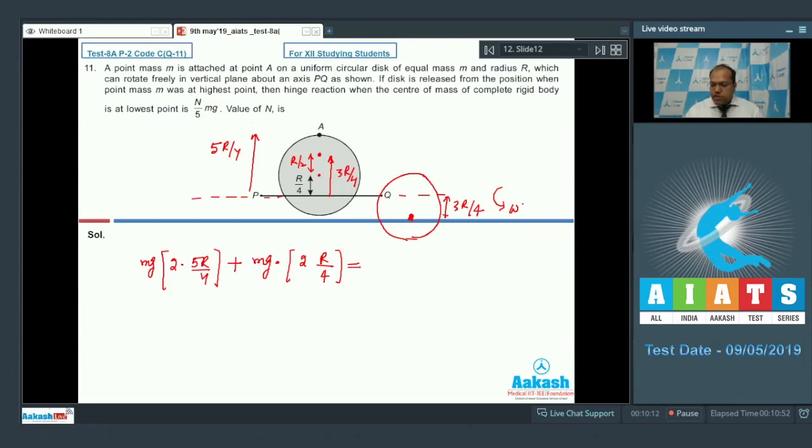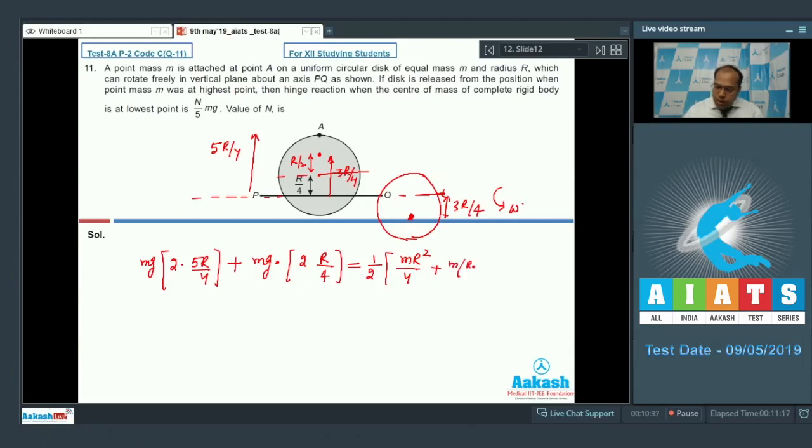So the gain in kinetic energy is rotational kinetic energy, half into I. So I about this axis of the complete system we have to write. So the moment of inertia of this disk about this axis is mr square by 4, plus about this axis we have to apply the parallel axis theorem.